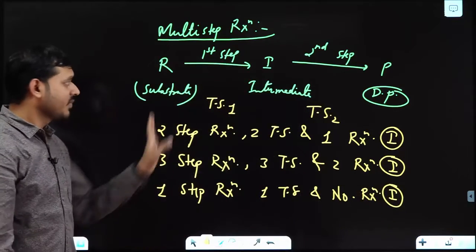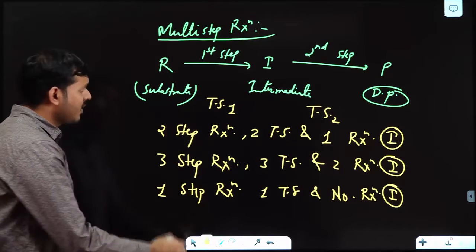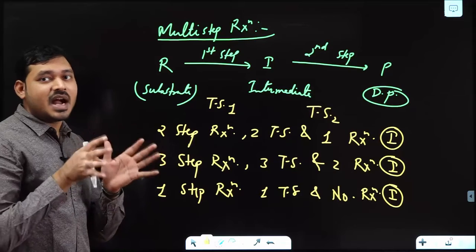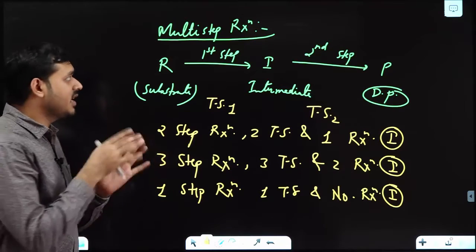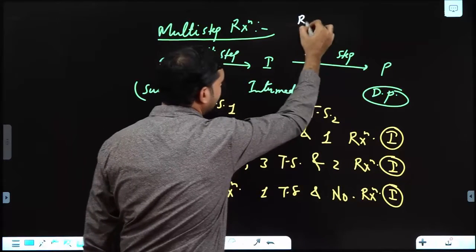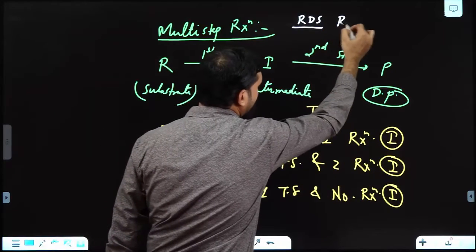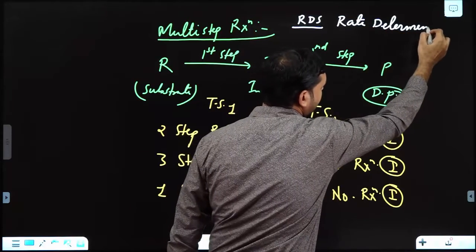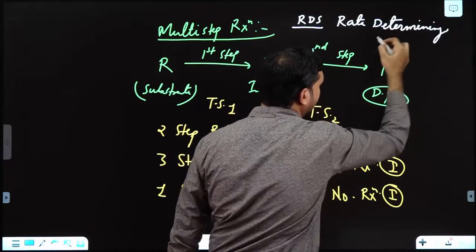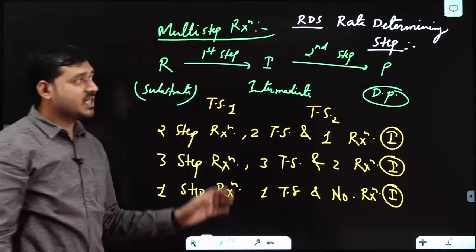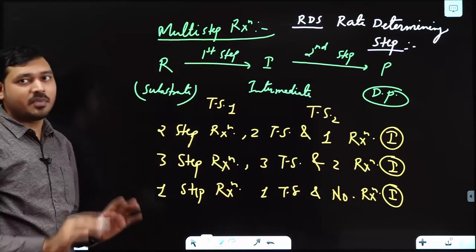Clear to you? Okay, now if it is a 2-step reaction, we have to understand the RDS step, meaning the rate determining step. RDS step means rate determining step of the reaction.